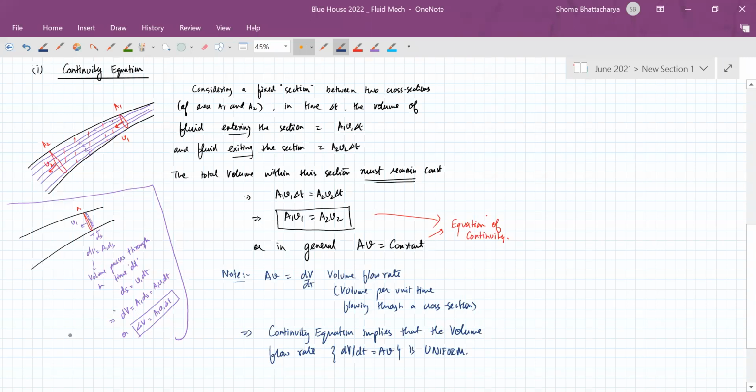So also from this equation you can see that dV at a point is area into velocity into dt. So volume flow rate dV by dt is A into V.